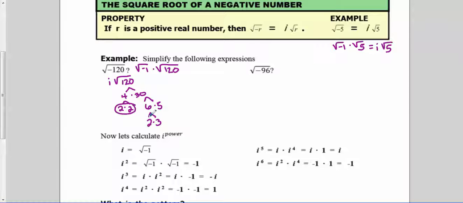Then I have a 2, a 3, and a 5, and the rest is stuck underneath. So this becomes i times 2, so I'm going to put the 2 in front, 2i, and then the square root, and what's left under the radical is 2 times 3 times 5, which is 30. So your final answer is 2i root 30.